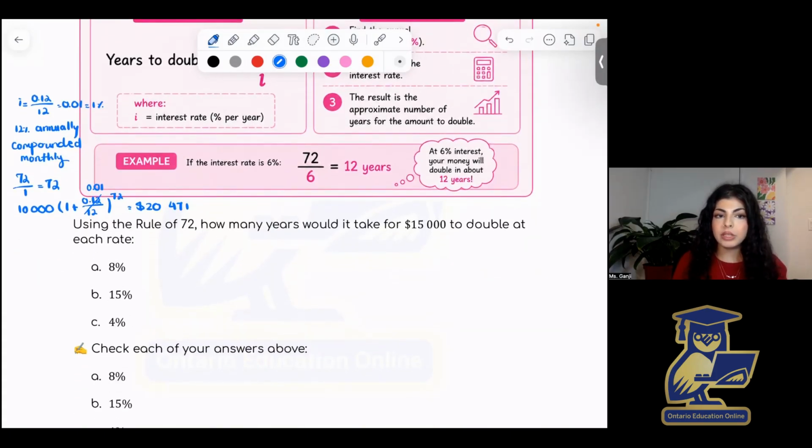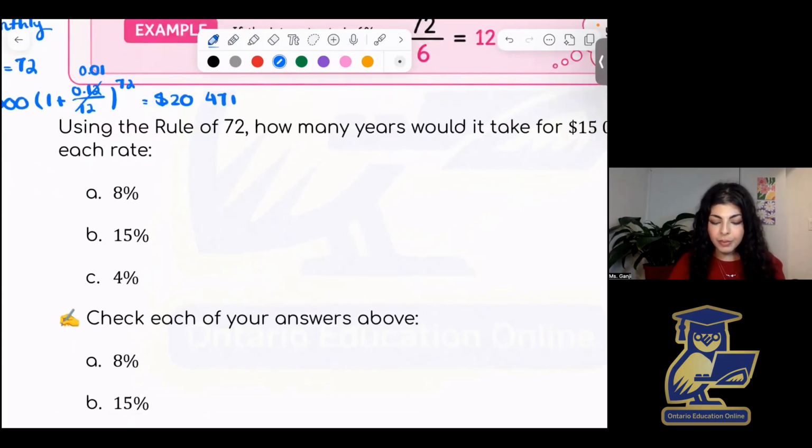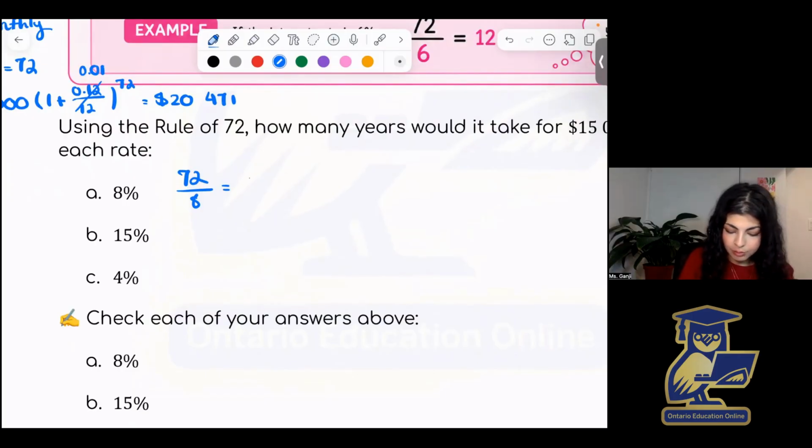So we have $15,000 and we're wondering how long or how many years would it take to double at each of these rates. And for now, we're considering just annual. So in the 8%, this would be 72 divided by 8. Oh, so just 9 years. This would take 9 years.